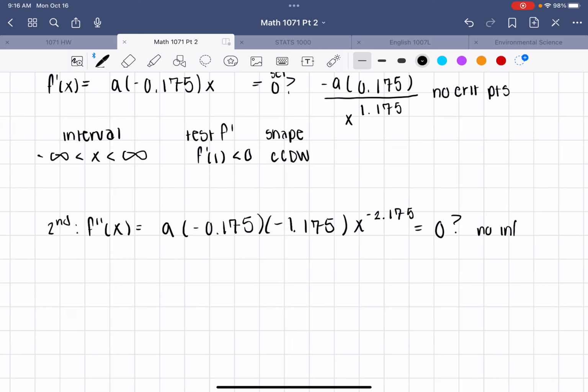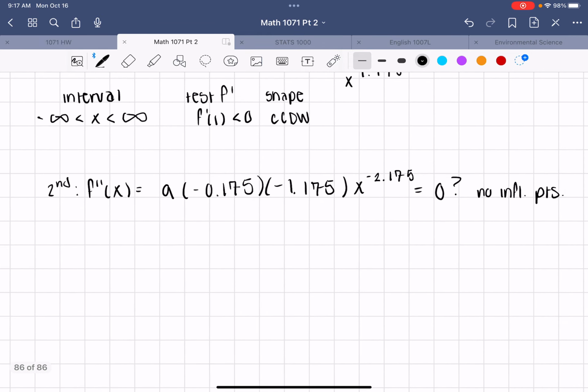So test any point, let's say 1, f double prime of 1. Positive, positive, positive over positive. So concave up. So you have an everywhere decreasing function that's concave up. Everywhere decreasing, concave up.